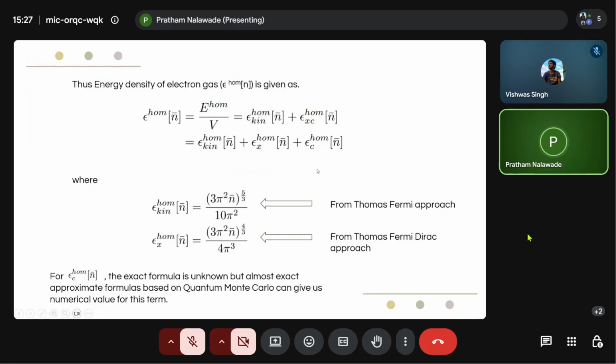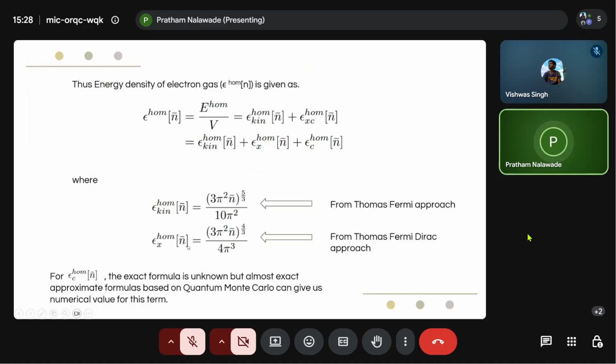By doing this, you get this exchange part. While for the correlation part, you have to use quantum Monte Carlo. There is no functional representation for this correlation part; all you get is a numerical value for this term.